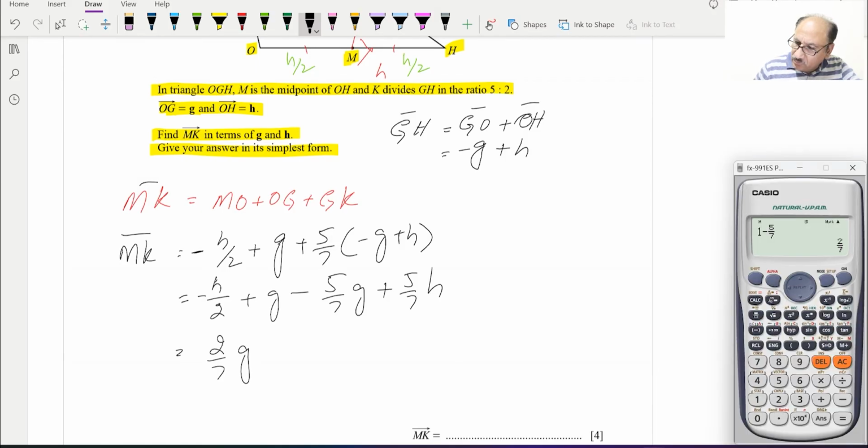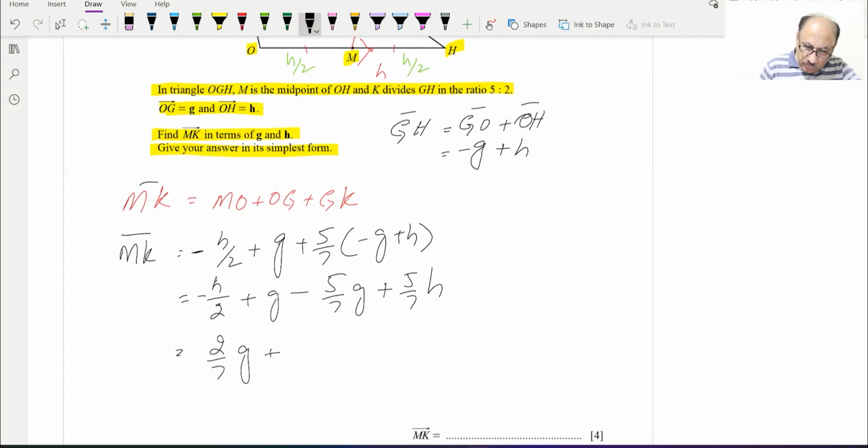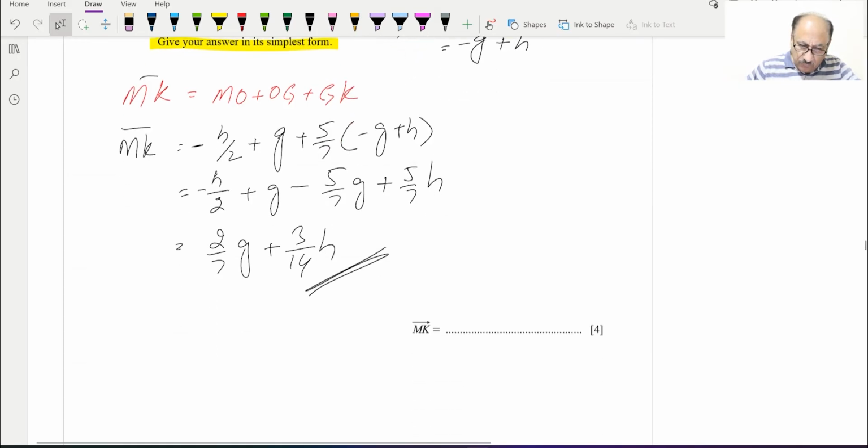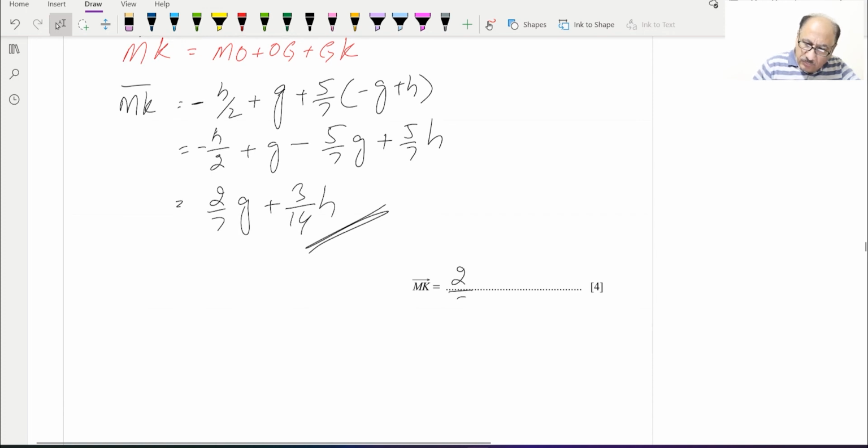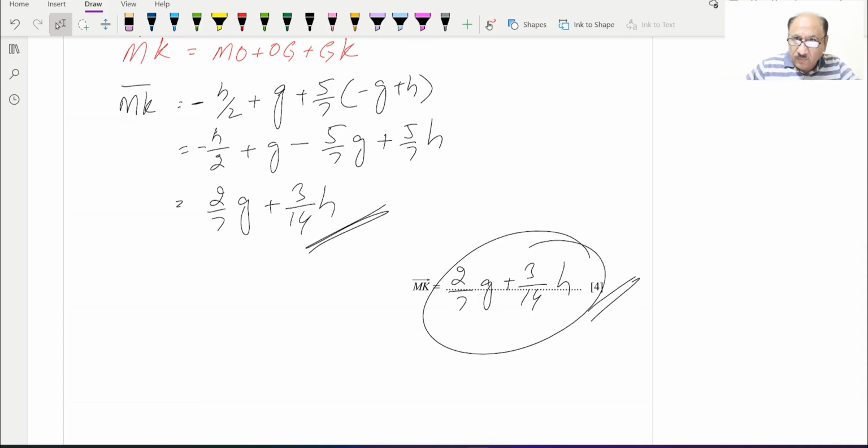The h value also we can simplify, which is minus 1 over 2 plus 5 over 7, and this is equal to 3 by 14. So plus 3 by 14 h, and this is basically the MK value which was required. We can write here 2 by 7 g plus 3 by 14 h, and this will be for 4 marks.